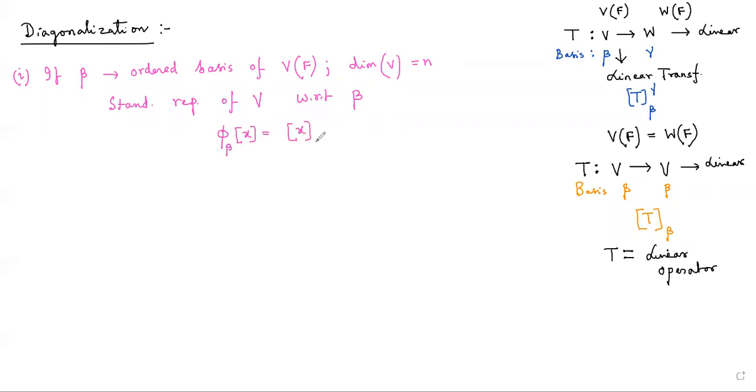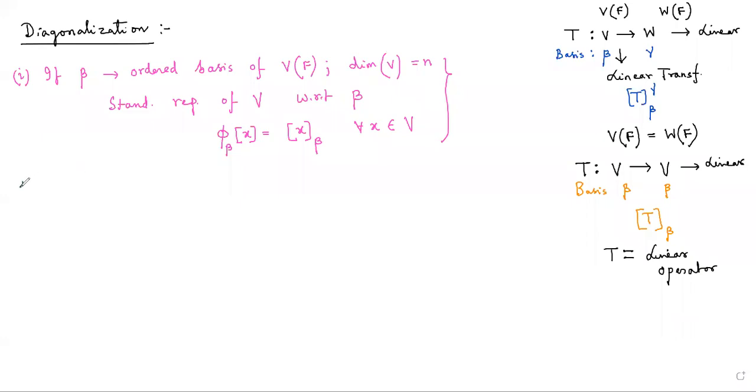When we represent the vector x with respect to the basis elements, we just consider the column matrix which contains the coefficients of the linear representation. And this is true for all x belonging to V. That I defined in my last class.